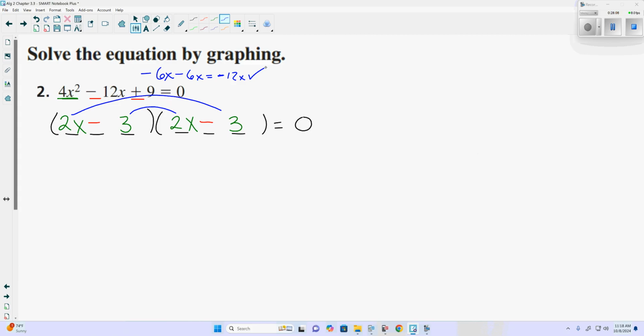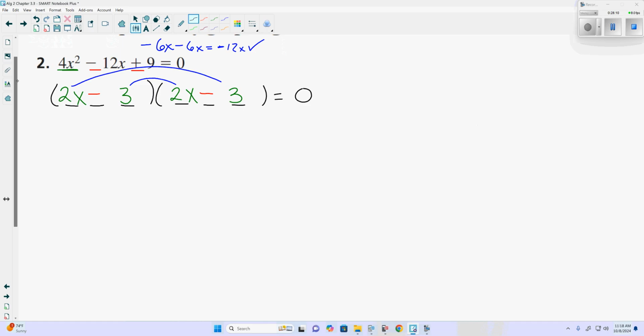This is, again, referring back to our 3.13 where we factored and then solved. According to the zero product property, if two or more things multiply together to equal 0, one of them must be 0.